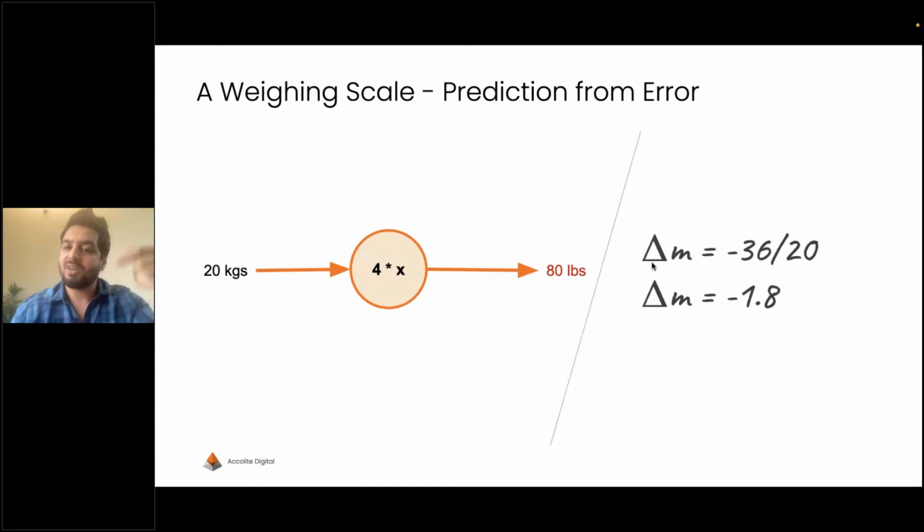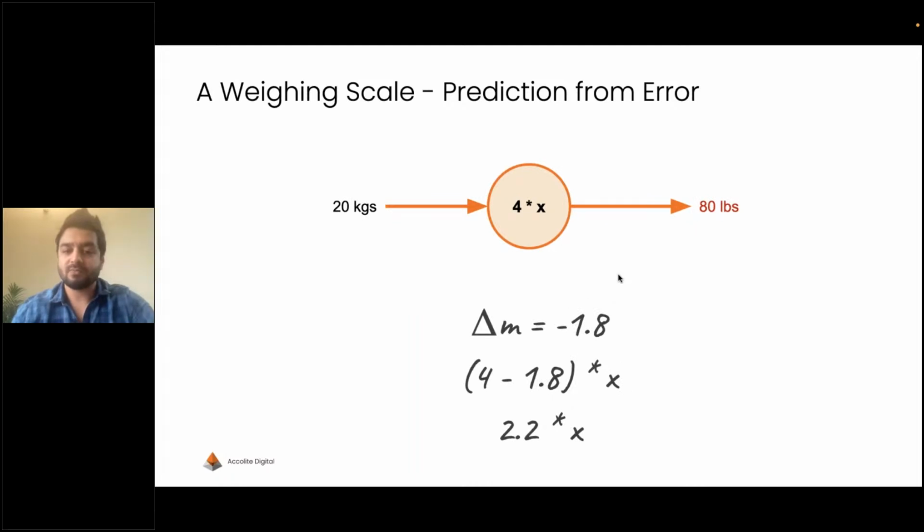So what our previous equation tells us is that delta m should be negative 36 divided by 20. When you do that, your delta m value is minus 1.8. And if you subtract minus 1.8 from 4, you get your value of 2.2. That's how you get it.